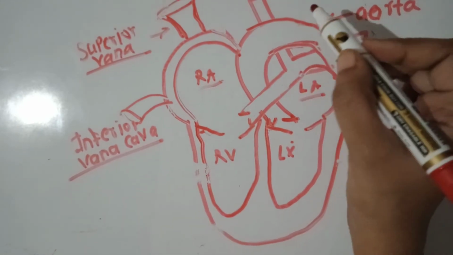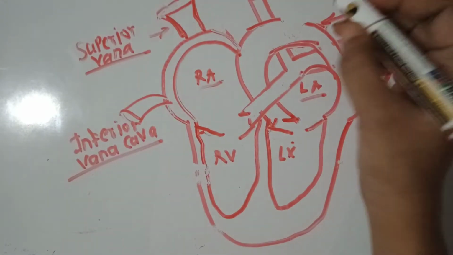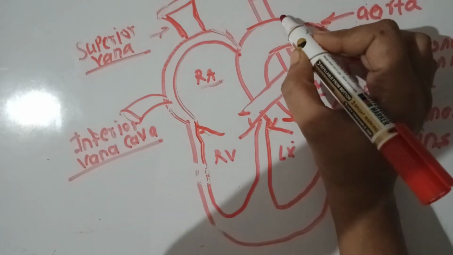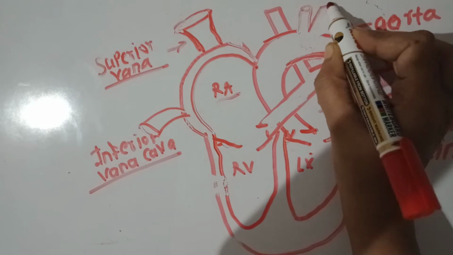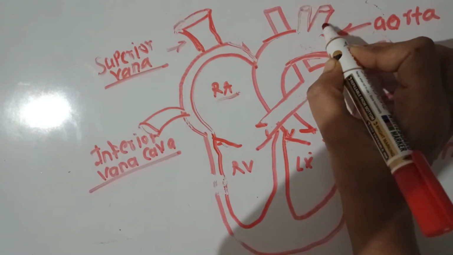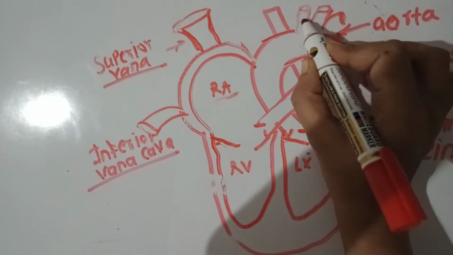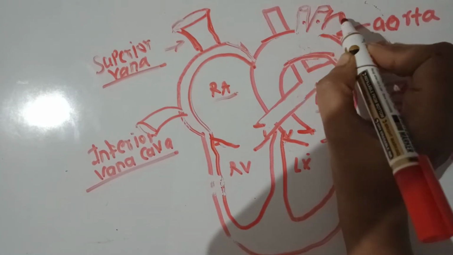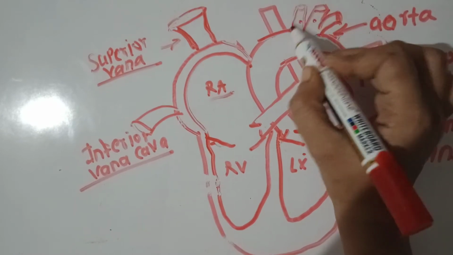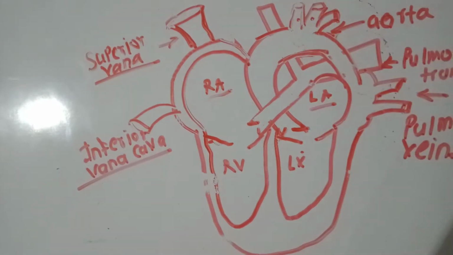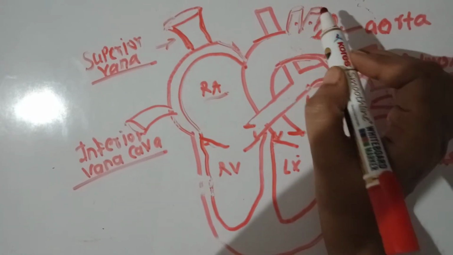Now on to the aorta part. The aorta branches into some arteries. They are the carotid artery, the brachiocephalic artery, and the subclavian artery. The carotid artery provides the purified blood to your head and neck part.